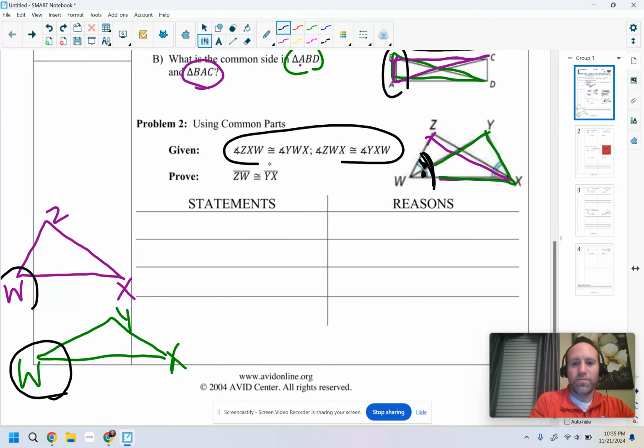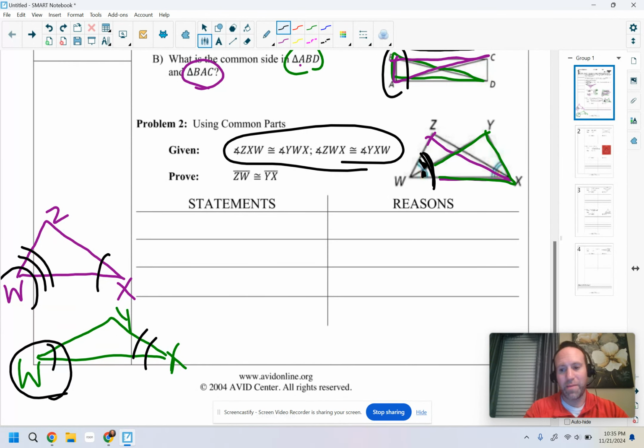So first off, I should probably see how I'm going to prove this. Basically, we know that the base angles are going to be congruent. So like this W is going to match that X by the given, and this W is going to match this X, again, by the given. YXW, ZWX, congruent angles. And then they share this side right here together.